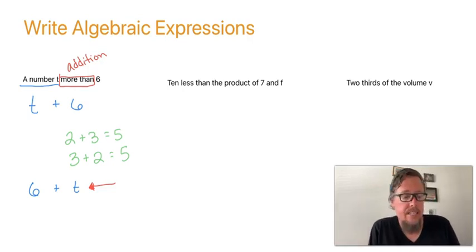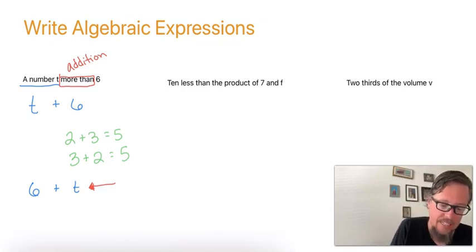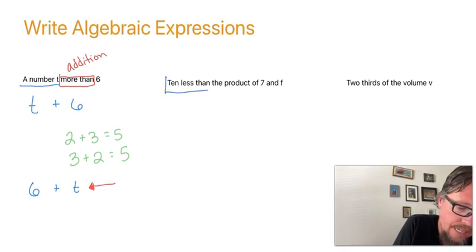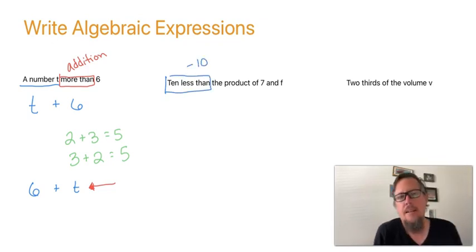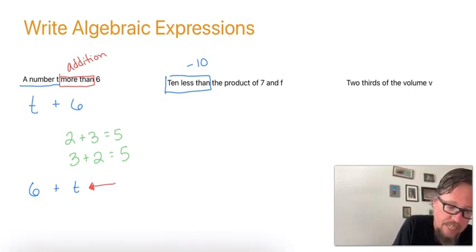Let's take a look at the second example. 10 less than the product of 7 and f. 10 less than does not mean 10 minus. This means minus 10. And in subtraction, the order matters. If I said, what is 2 minus 3?